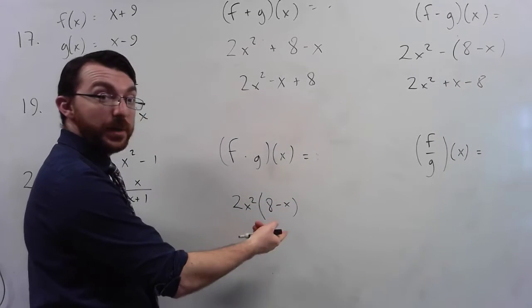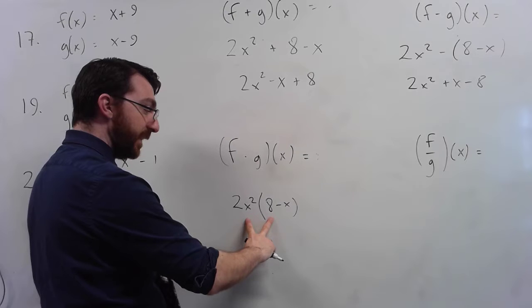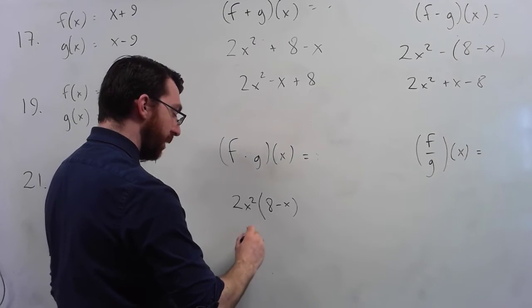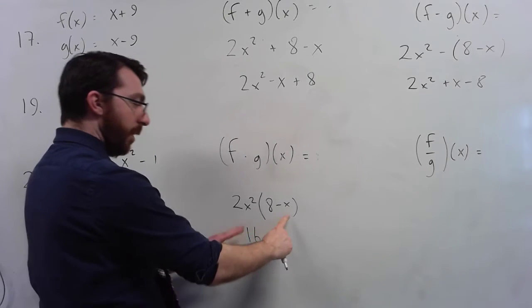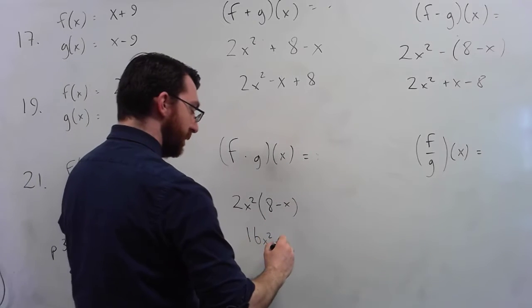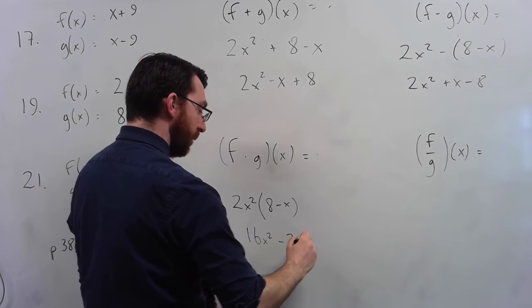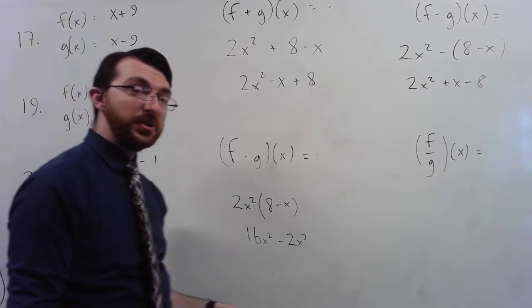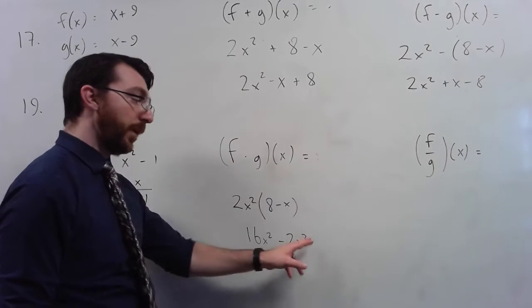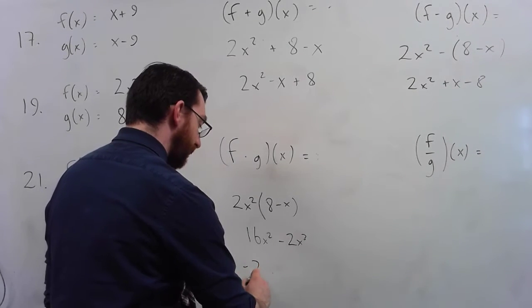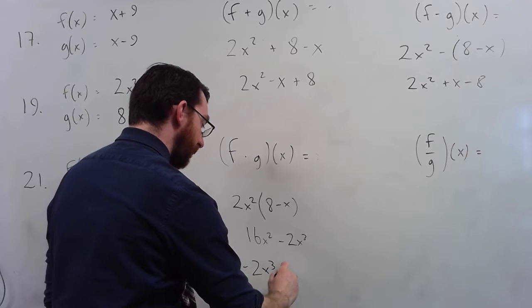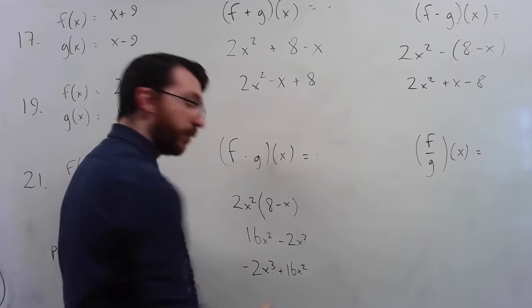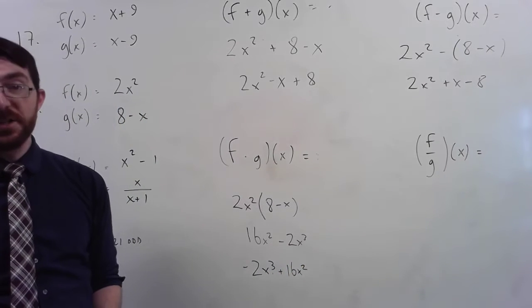You would have to distribute that. That's 16x squared minus 2x cubed. The only adjustment you should make to that is to rearrange it so that the cube is first. And there, that looks just a little better.